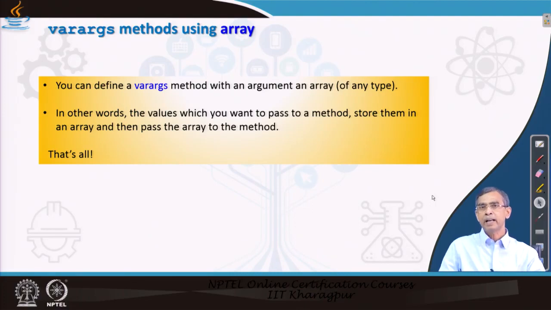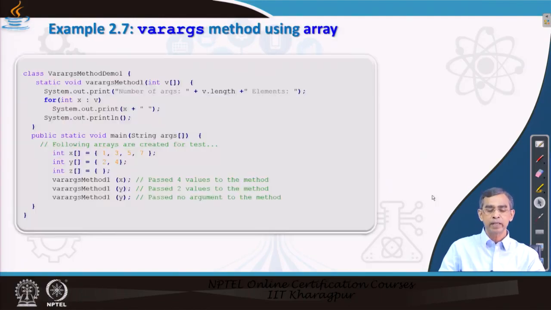If you declare an array of any type as an argument, that is enough, because if the array can store 5 values, then you can pass 5 parameters. If the array does not store any value, null, then it does not pass any arguments. If the array holds 100 values, then it can work for 100 arguments. So, using an array we can declare a generic method which allows you to pass a variable number of arguments.